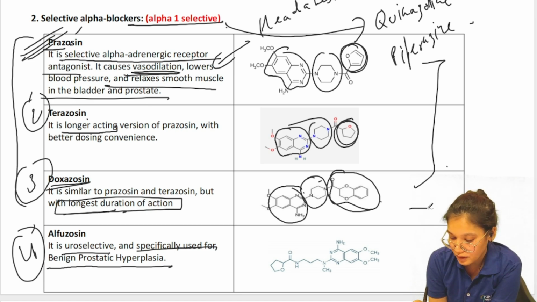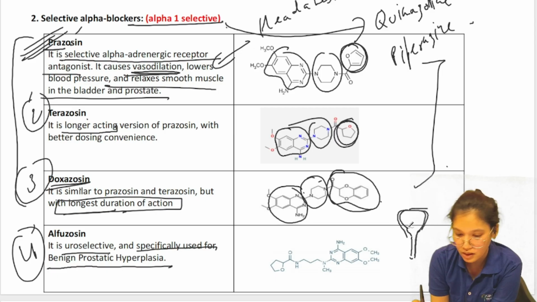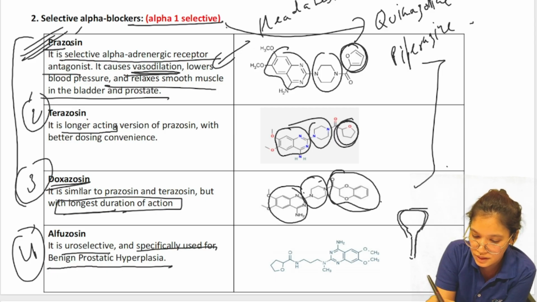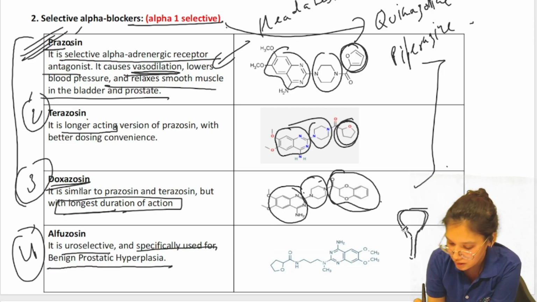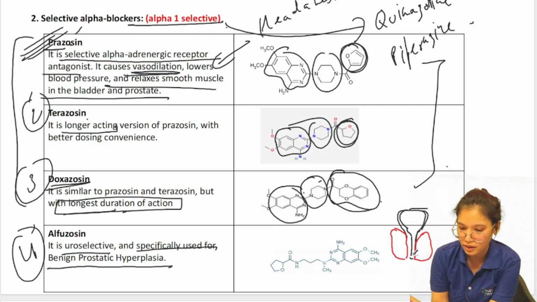Now like here, let's say this is our bladder. Now let's change the color. Here we have a prostate gland.